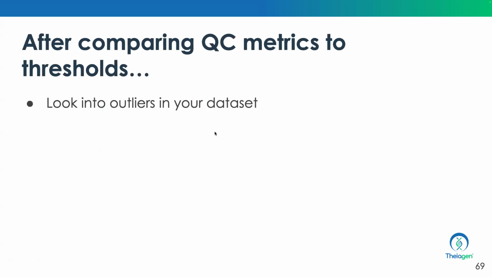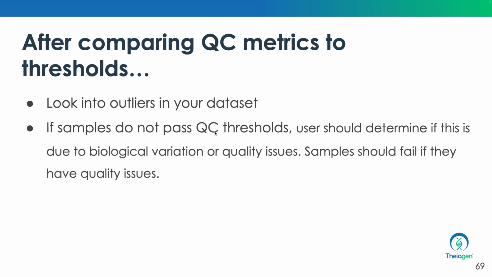All right, so obviously after you've looked at your QC metrics, typically you'd want to look at any outliers in your data set. Are they having very low, for example, percent identity to your pathogen of interest? Are they having very low genome length compared to the rest?